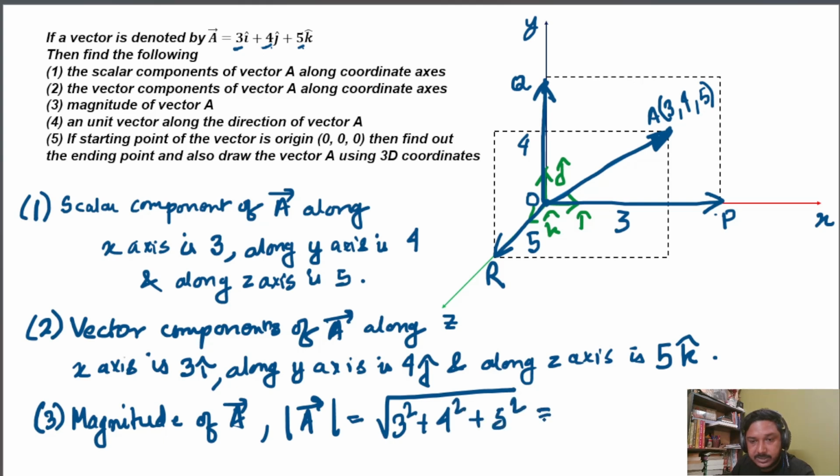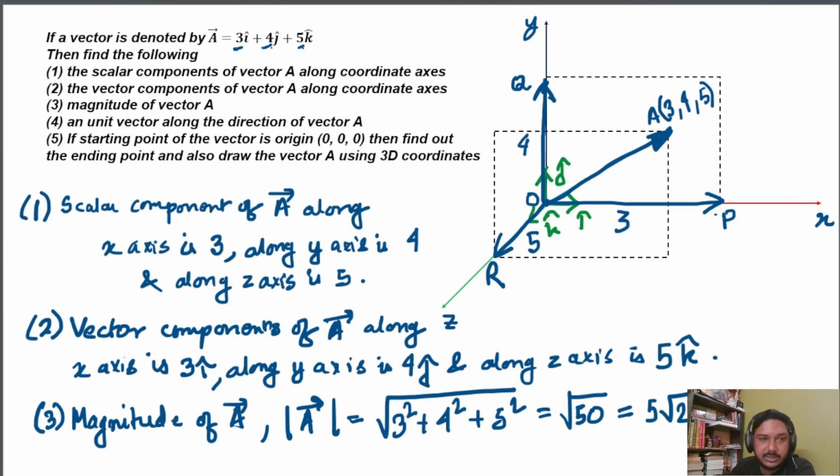So that is 9 plus 16 plus 25, which is 50. So that will be the square root of 50, which is 5 root 2. Okay. You have to write units, because it is not told what unit it is. So this will be the magnitude of vector A, which is 5 root 2 units.